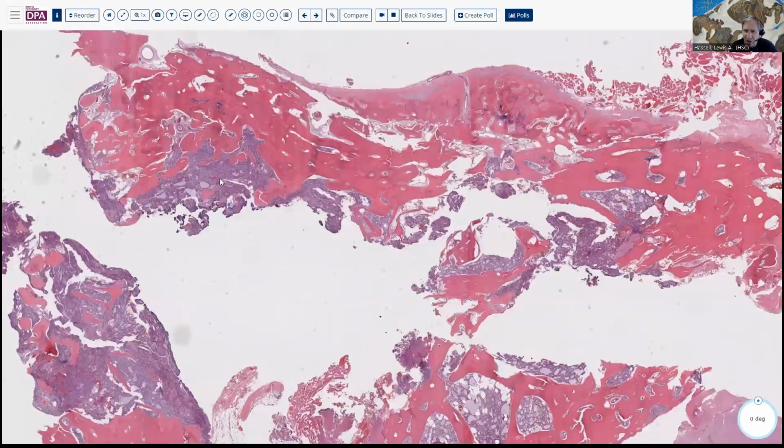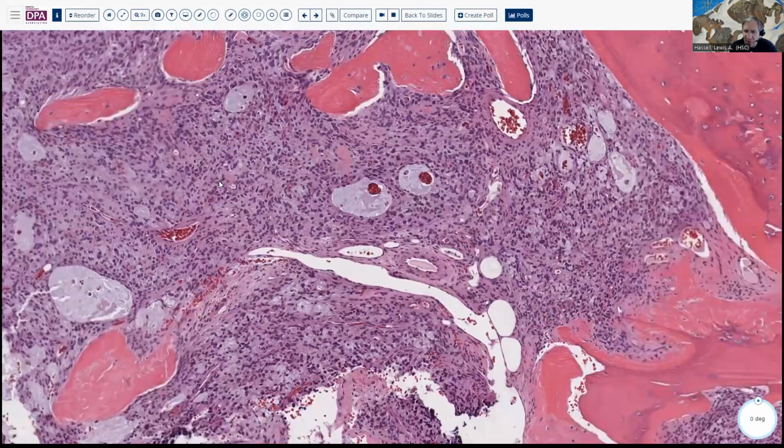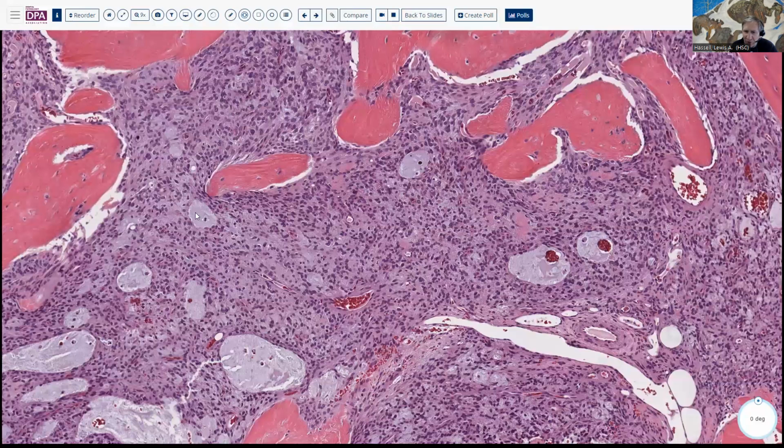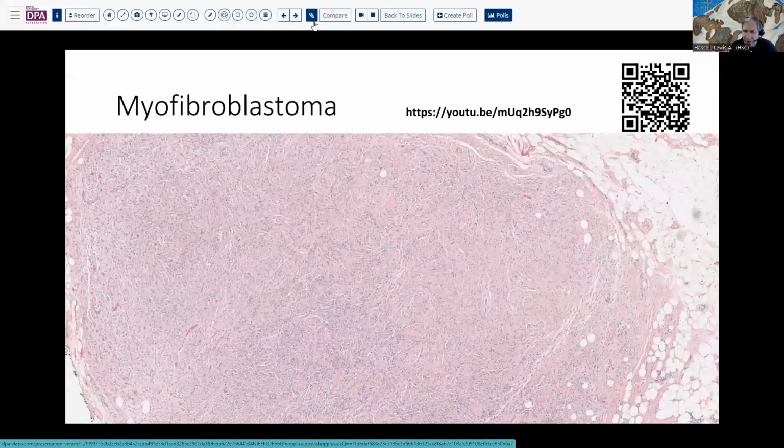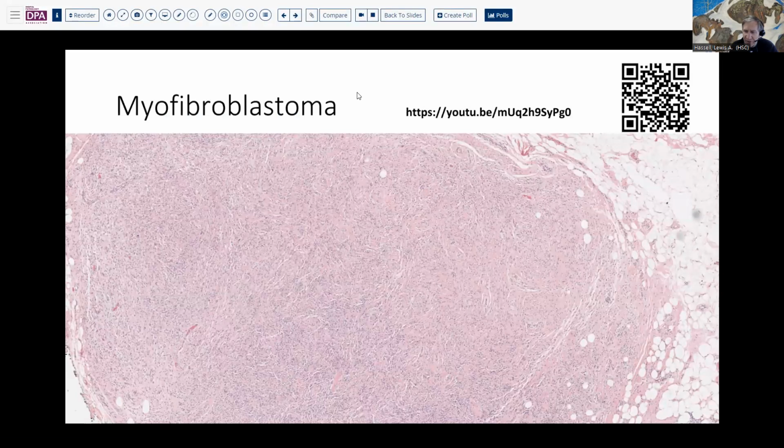This lesion particularly doesn't have a lot of giant cells, but sometimes you can see giant cells, multinucleate cells in these lesions as well. The myofibroblastoma is also very similar to a lesion that occurs in the breast under the name of spindle cell lipoma or other areas.